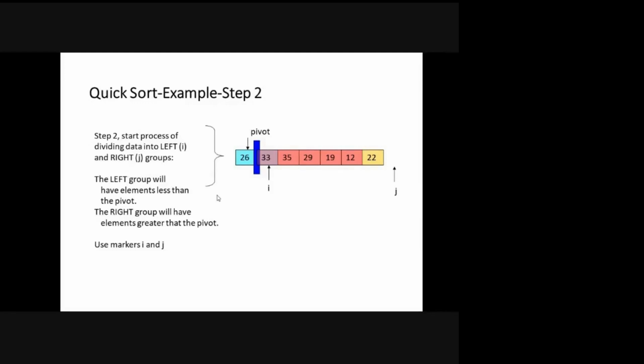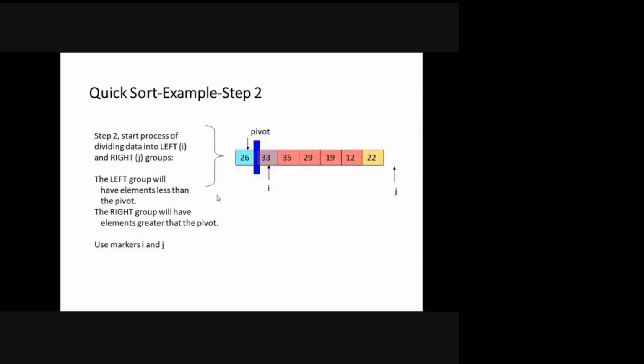But first know how the concept is applied, then only will you know how the coding helps you. I have taken 26 as the pivot. Elements lesser than 26 have to come on the left side, and elements greater than the pivot have to come on the right side.